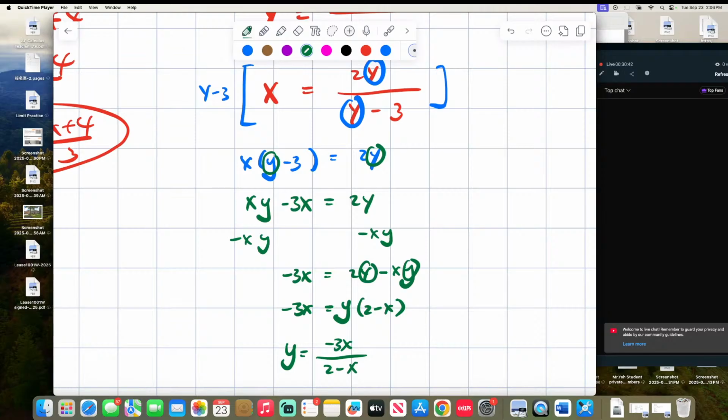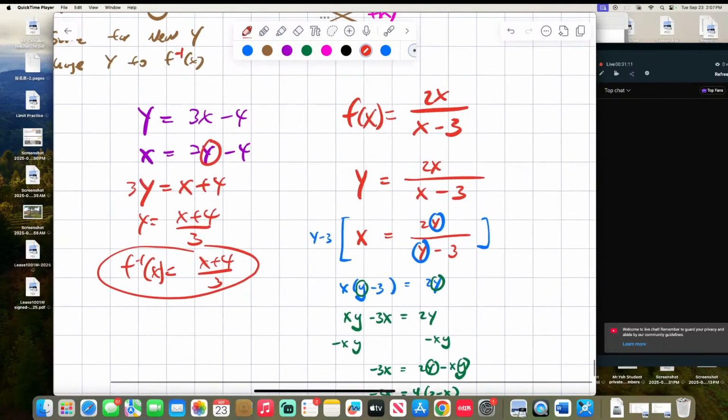That's a good question. Why are they the same thing? Remember that the negative sign can float down? This negative sign, you can float down here. So that's going to be 3x over, and if you float it down, that's 2 minus x becomes x minus 2 if you distribute it.